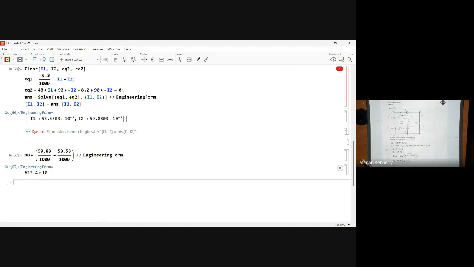So you get 620.4 volts, which is indeed correct.